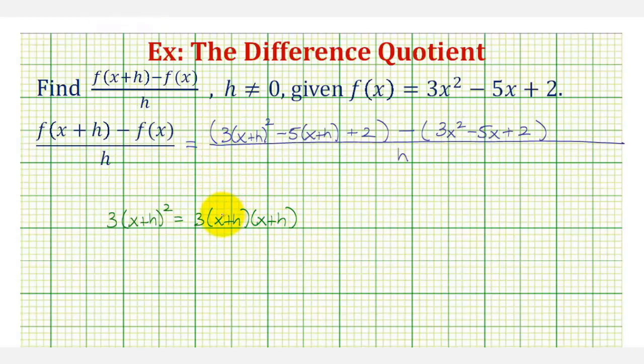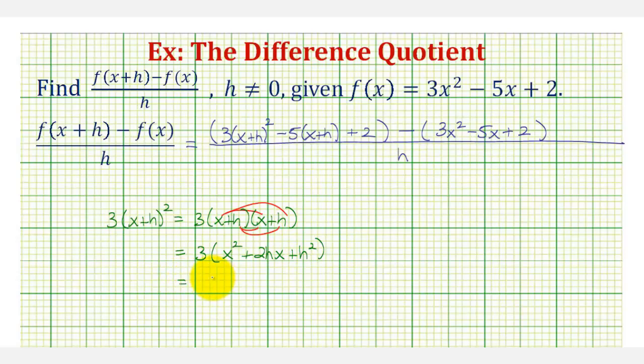So we'll have 4 products, 1, 2, 3, and 4. So we have x times x is x squared. The next two products will be like terms. We have x times h, that's hx, plus h times x, that's also hx. So we have plus 2hx plus h squared.